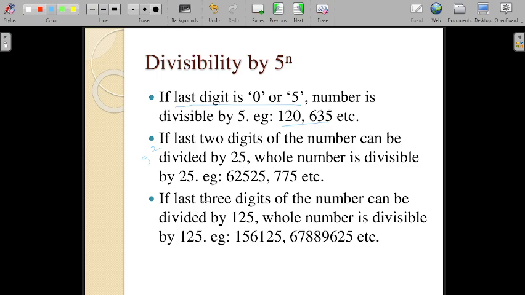In the same manner, for 125, since it is 5 cube, the last three digits should be checked. If the last three digits can be divided by 125, we can say the whole number can be divided by 125.